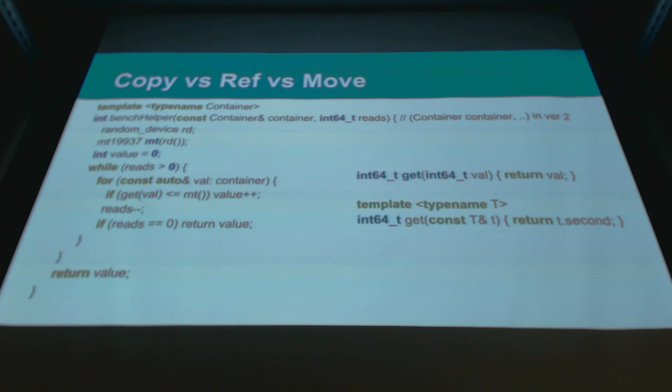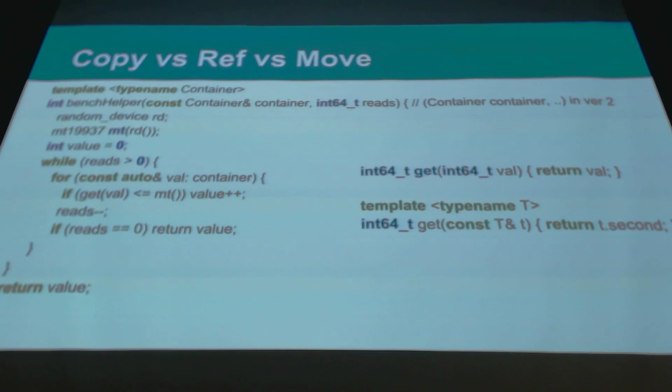So I just check if the value from the container is less than or equal to some random number, and then I just add the value. And some other helpful functions, so it will work with map and other containers.